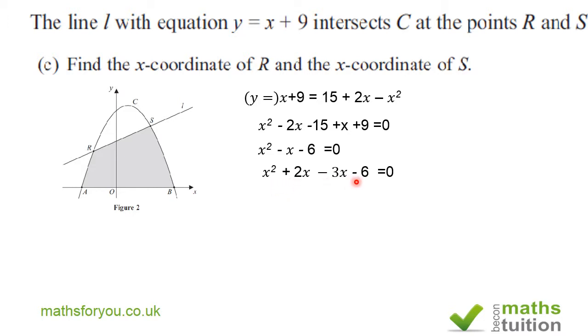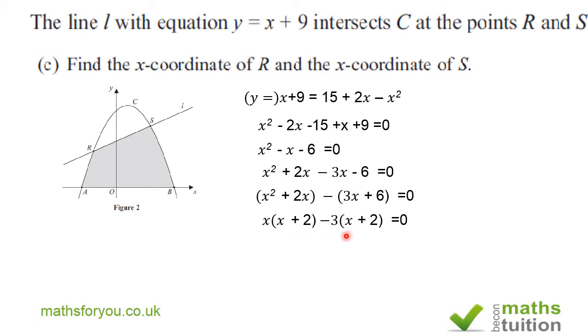Now I'm going to group, and then factorize. So I end up with x squared plus 2x for the first group, and 3x plus 6 for the second group. When I factorize each group, I get x into x plus 2 minus 3 into x plus 2.